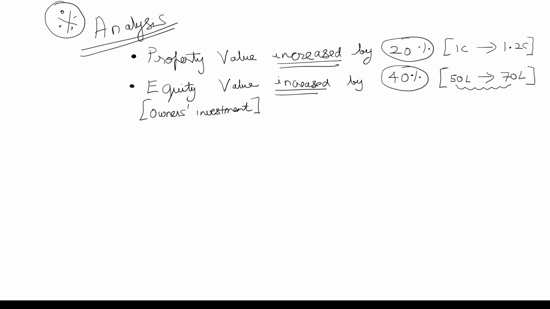Isn't this surprising? If the property value increased by 20% and the equity value also increased just by 20%, then that's probably something that's easily relatable. But that's not what has happened. The property value has increased by 20%, but the owner's equity value has increased by 40%, double of what happened here. 2 times 20% is 40%.